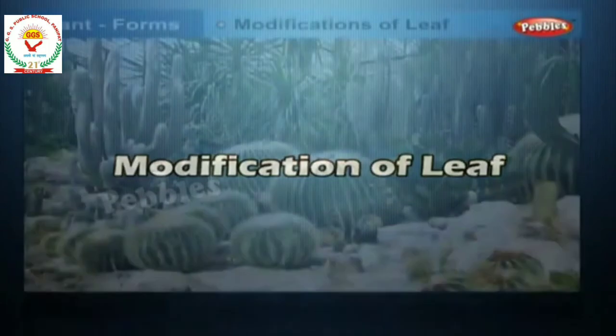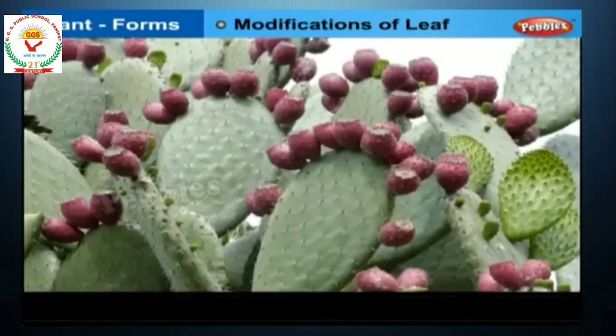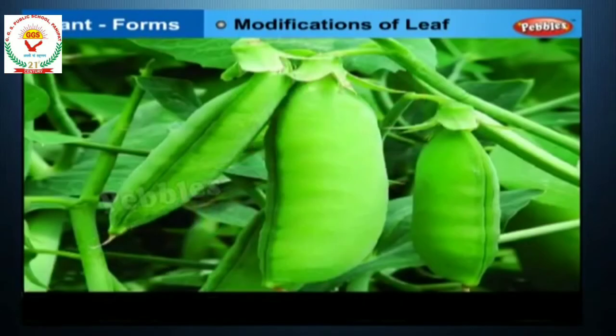Modifications of leaf. In xerophytic plants like cacti, Opuntia, the leaves are modified into spines. These spines check the loss of water from the plant body and thus help the plant to conserve water. In sweet pea and garden pea, some leaves are modified into thin coiled thread-like tendrils.